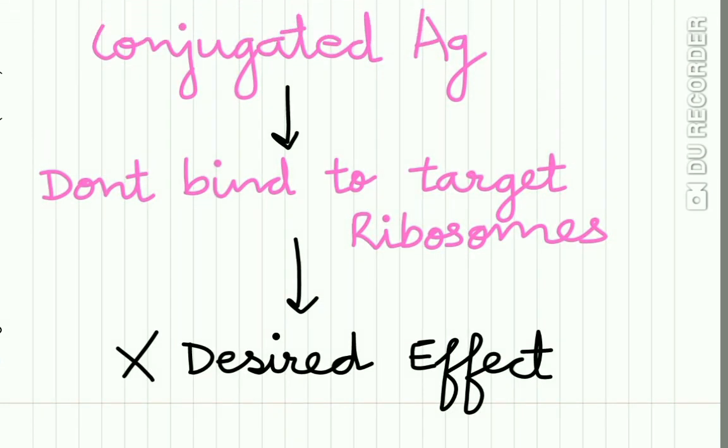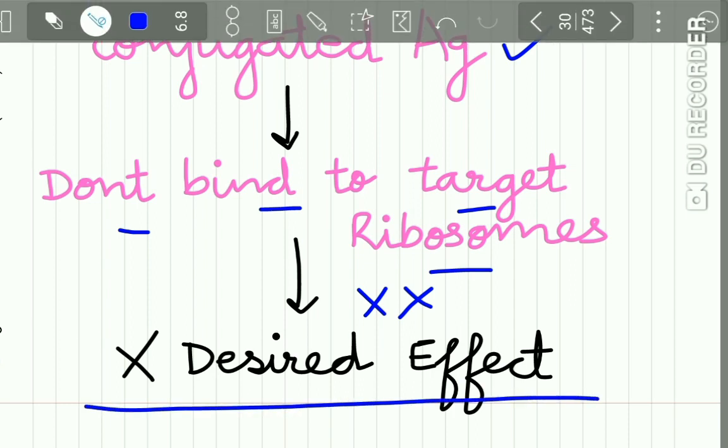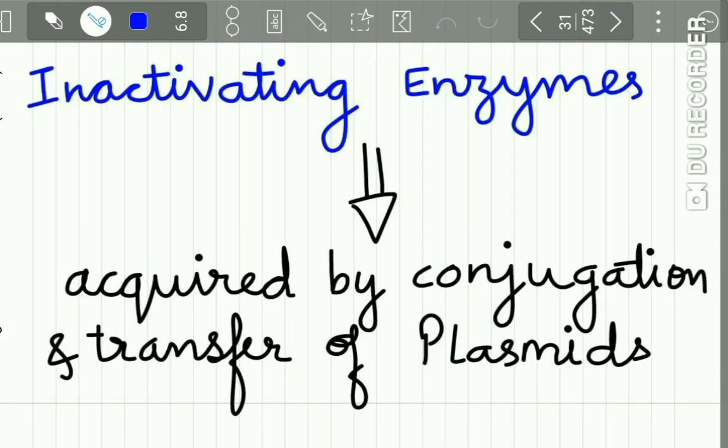Now, this conjugated aminoglycoside does not bind to the target ribosomes. So, the protein synthesis is not hampered and the desired effect of the drug is not attained. So, this is one of the mechanisms of resistance, that is acquisition of inactivating enzymes.